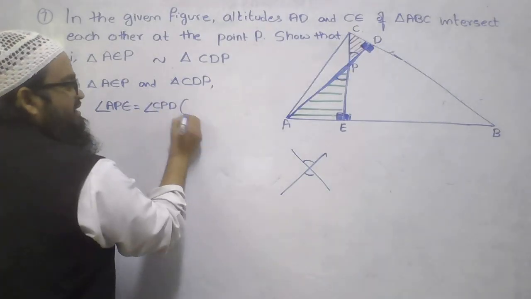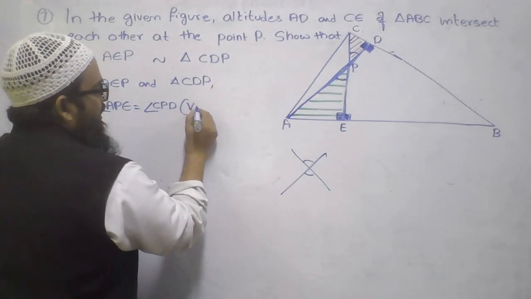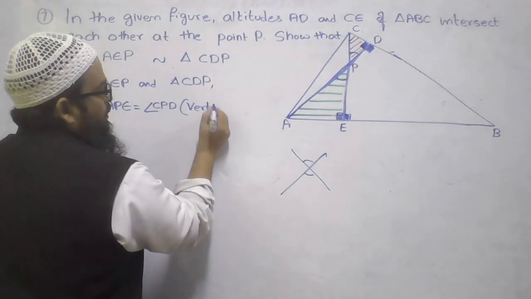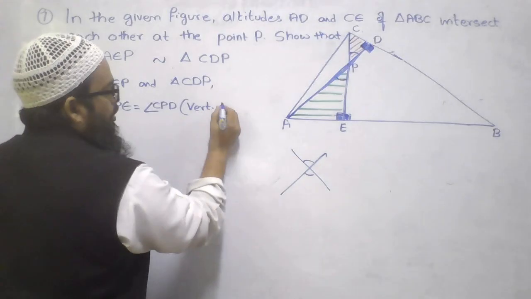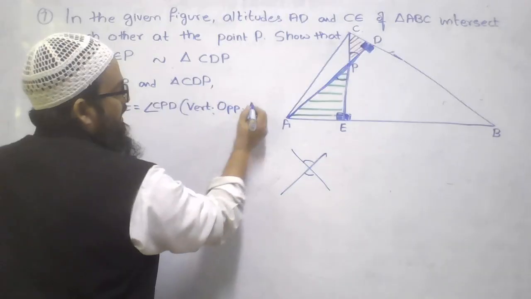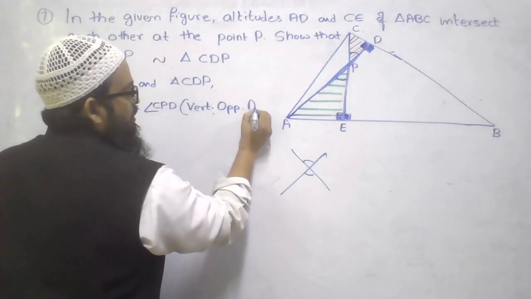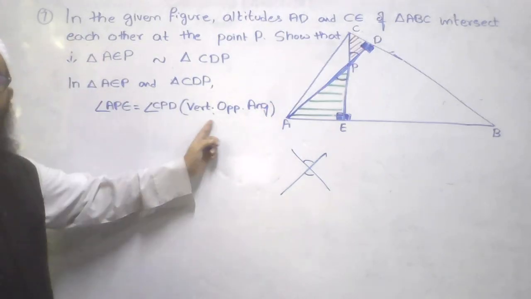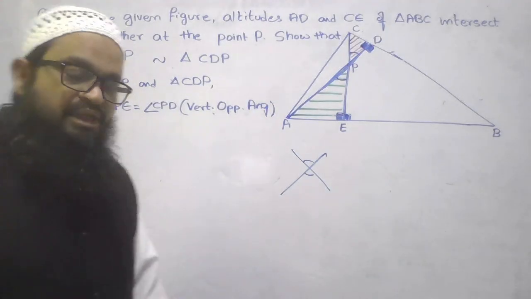And what is the reason you give? Vertically opposite angles are equal. Understood? You don't write shortcuts in examination.